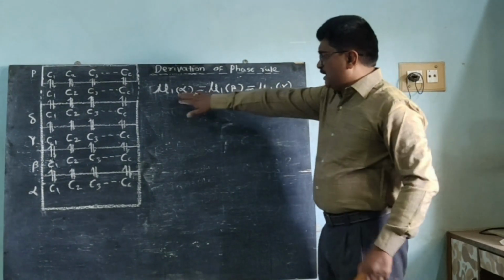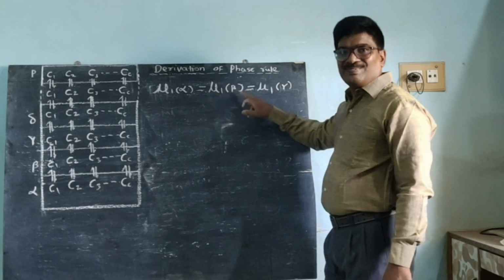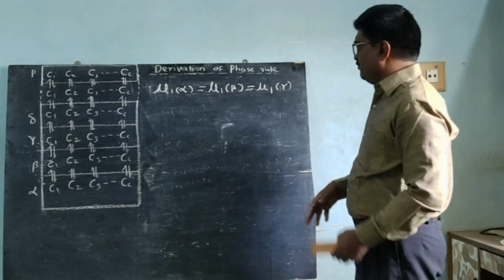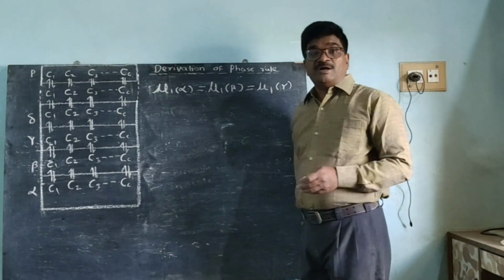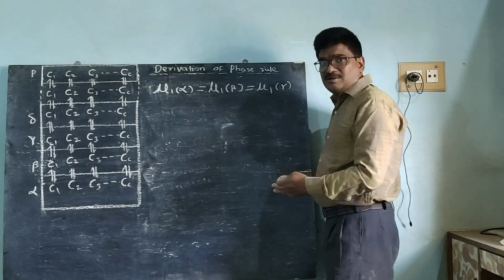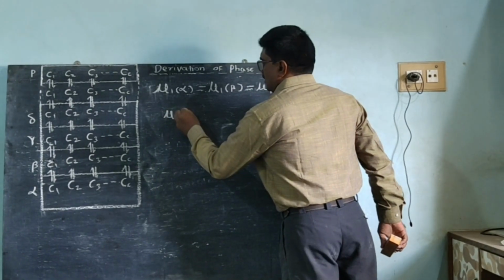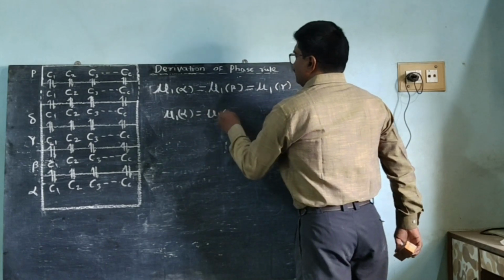Now in this relationship, you will have two equality signs. So here we will have two independent equations. Actually there are three equations. Let me write mu1 alpha is equal to mu1 beta.